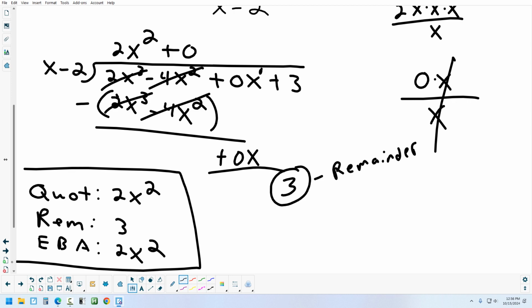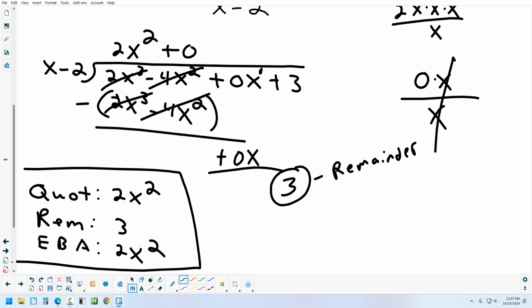So why couldn't we have just found the EBA by looking at the equation, right? Because you can do 2x cubed. Well, we had a couple things cancel out, so it did make it easier this time, but I can't always do long division in my head, especially if I don't get things that cancel out.